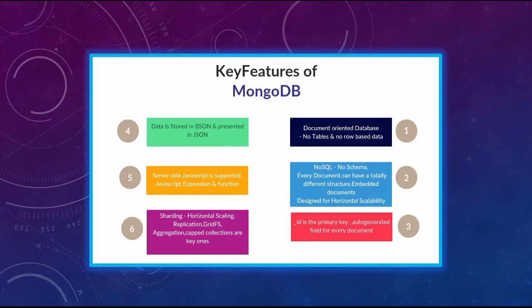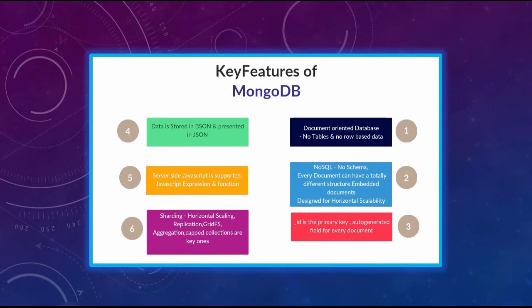The 2 additional points are point number 5 and 6, which mean server-side JavaScript is supported, JavaScript expressions and functions are supported. And the final one, which is going to be an important one: sharding, horizontal scaling, replication, GridFS, aggregation, and capped collections are the key additional things. These things we'll be learning in upcoming sessions, and similarly we'll be seeing server-side JavaScript support.